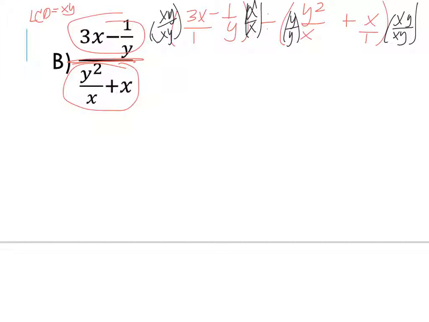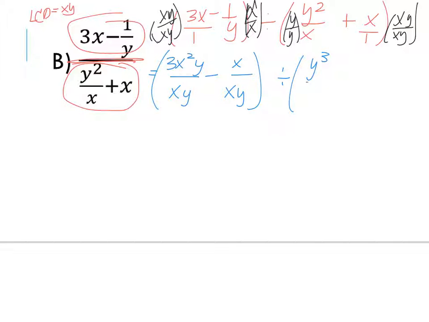Alright, so moving on from there, that will give us 3x squared y over xy minus, that's just x for the numerator, over xy. That's the first one. Divided by y cubed over xy plus x squared y over xy.